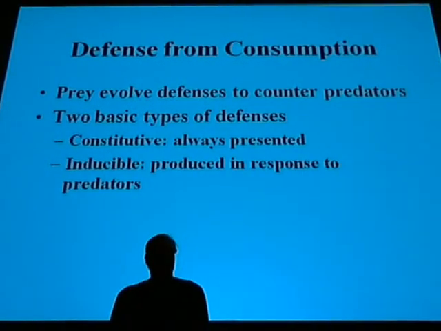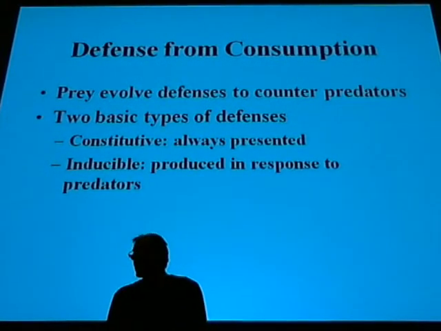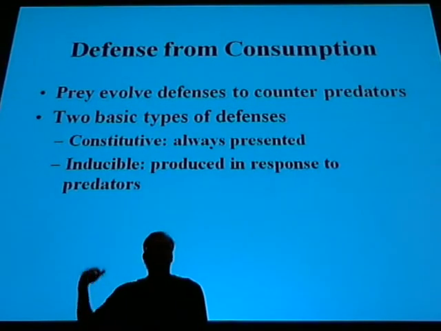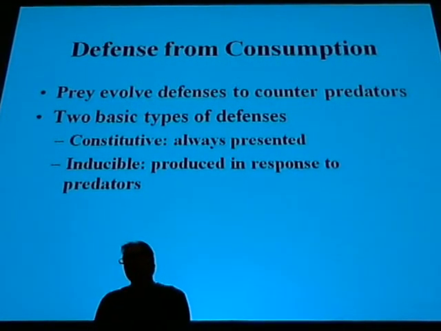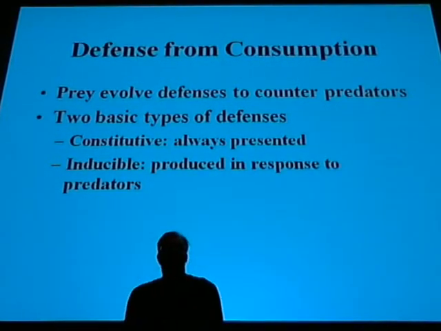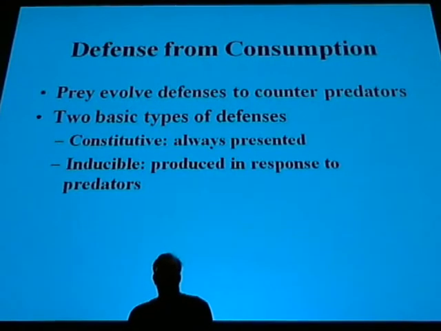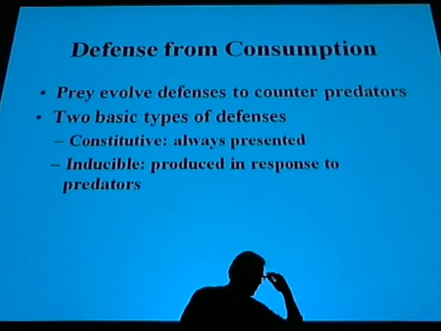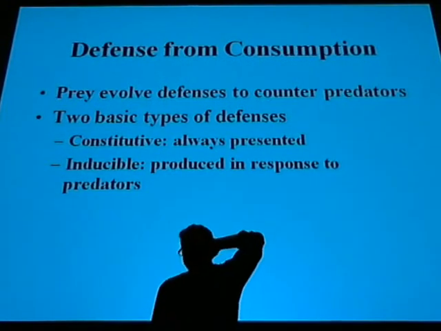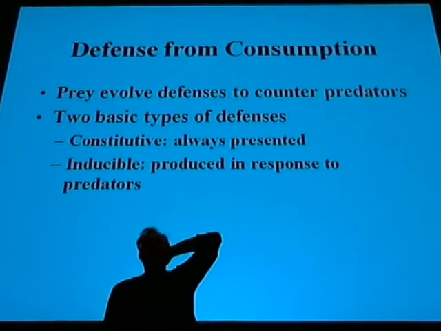Now, how is that possible? Well, you might ask, why not just have that defense all the time? Why even risk it? Anyone? Yes, that's right. They don't come free. It costs something to make that defense. And anything you put into defense, you take away from growth and reproduction. Okay, I was teaching the wrong class for a minute.